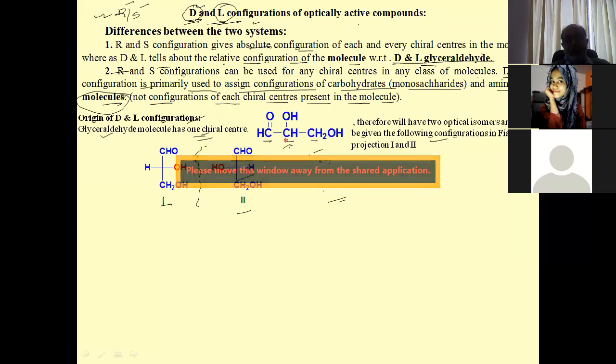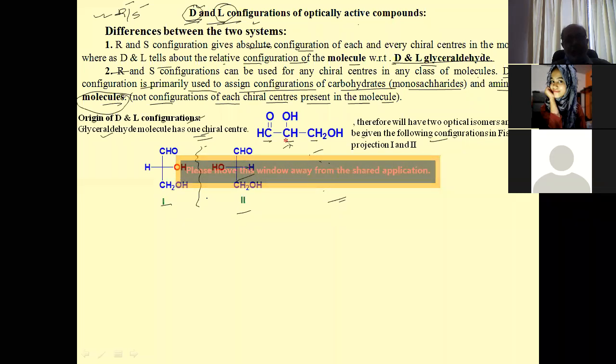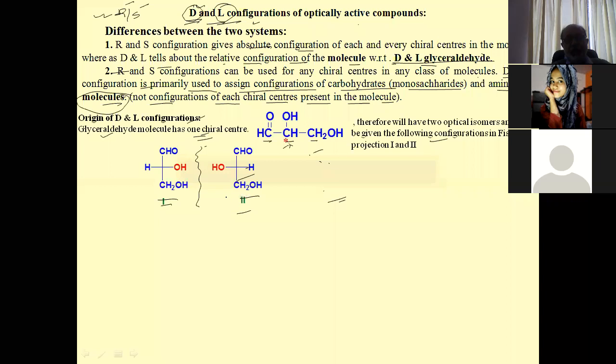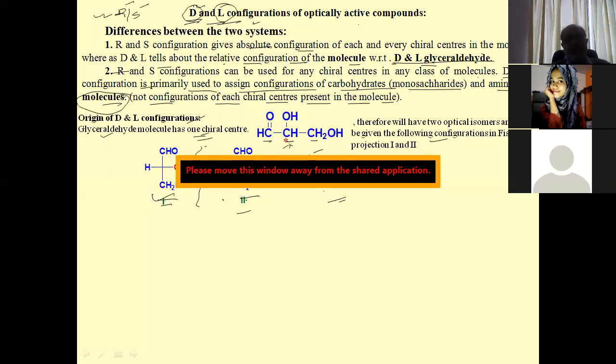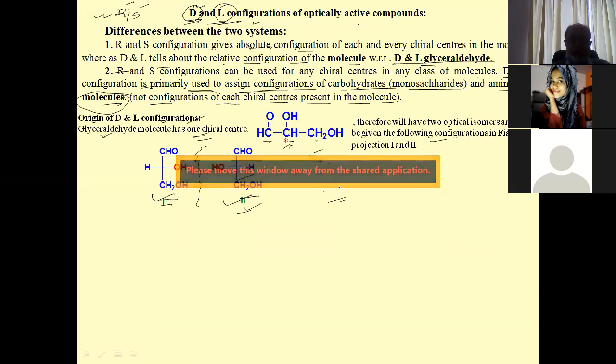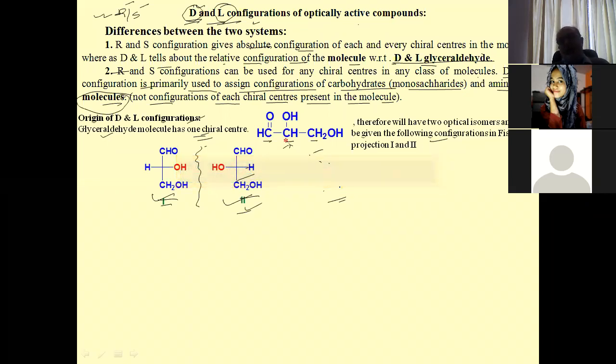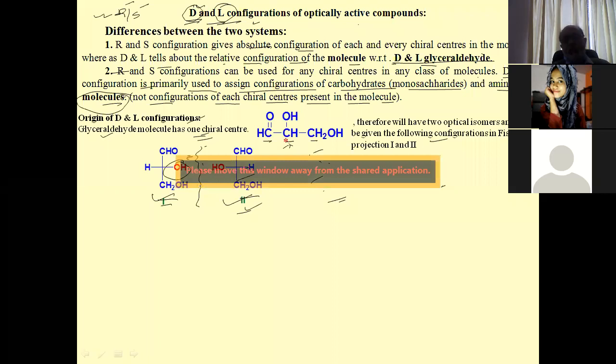Now here the glyceraldehyde molecule has these 2 structures, but which structure is going to be dextro and which is going to be levo? Nobody was sure. So what was done at that time? The structure which was dextro was given this structure 1, and the levo structure was given configuration 2. But later on, when the X-ray crystallographic technique was developed, it was luckily found that whatever was assigned was indeed dextro. Many will say that it is dextro because the OH group is on the right hand side.